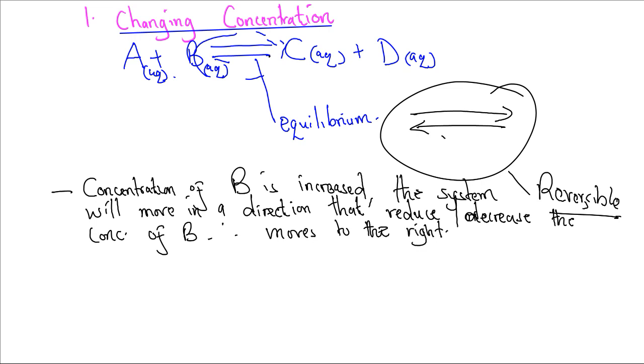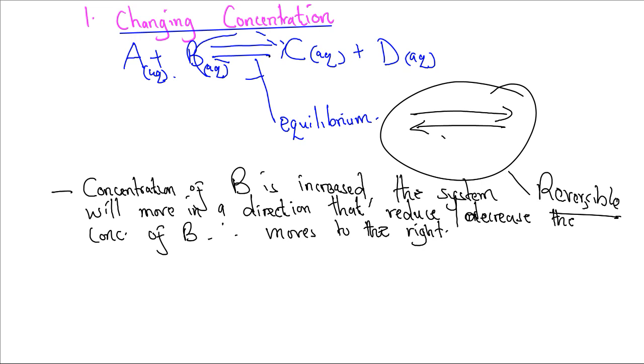So this means the equilibrium must shift to the right hand side to produce more of the products. We want the B that has been increased to be used up, so that the concentration of B is reduced.